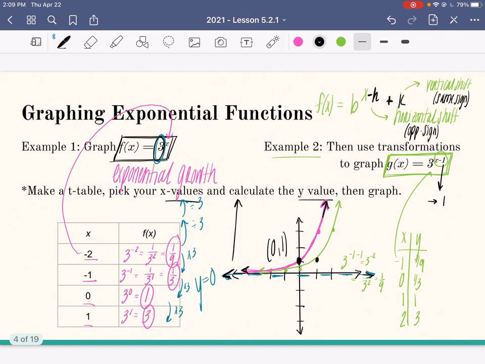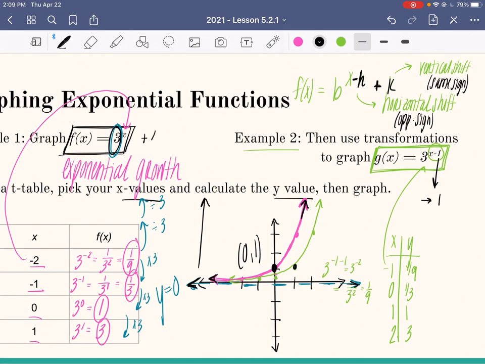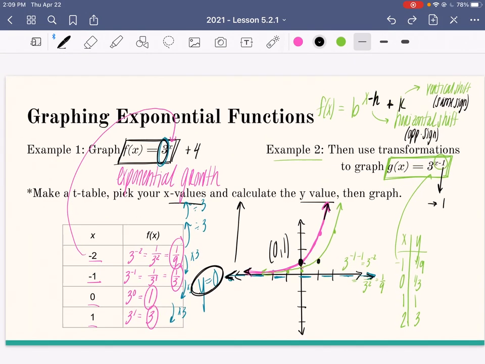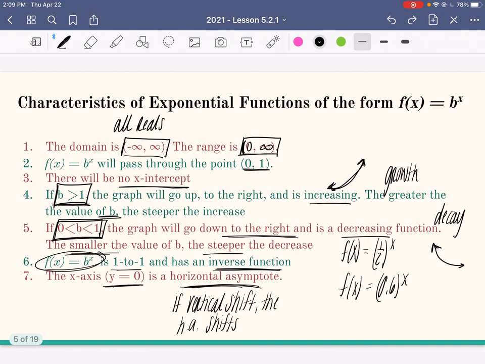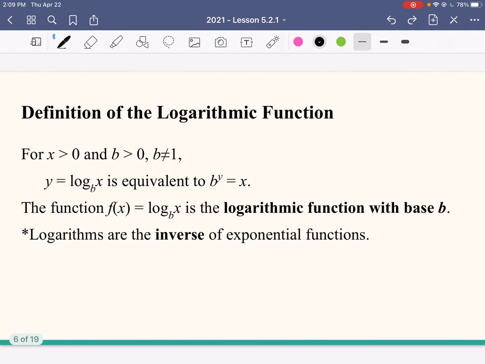Okay, so if I tacked on a +4 to this, all of these points would be moved up 4 units, including the horizontal asymptote. The horizontal asymptote then, instead of being at y equals 0, would be at y equals 4. Okay, so the horizontal asymptote is going to shift with the graph. All right, so those are the main characteristics of exponentials.